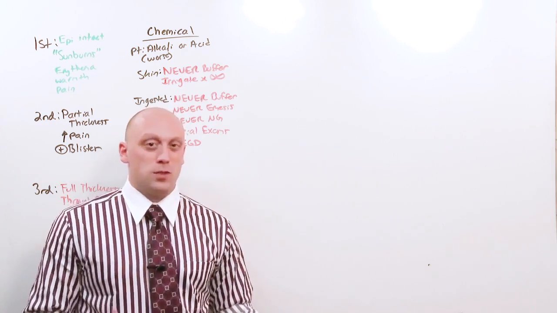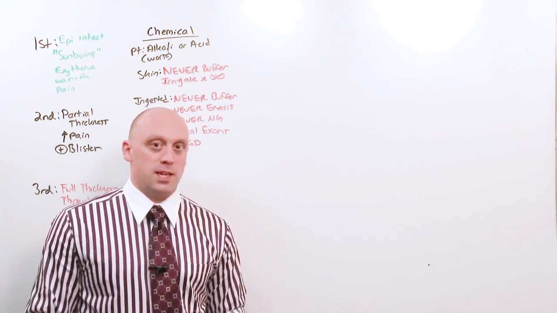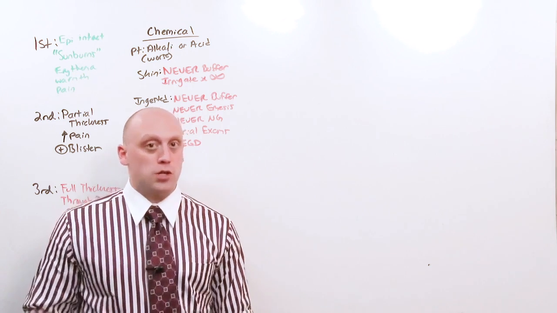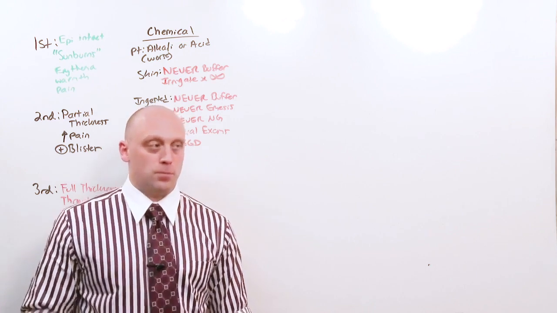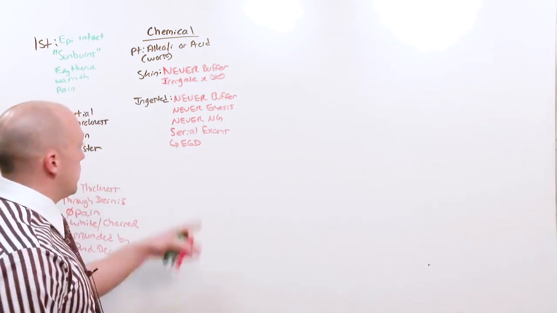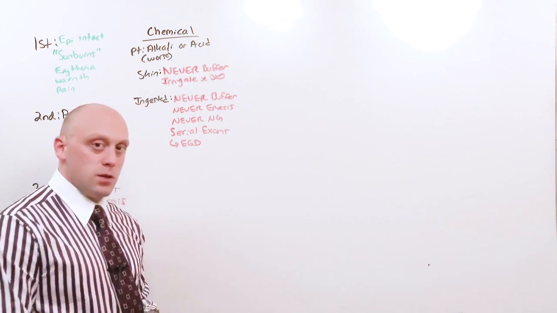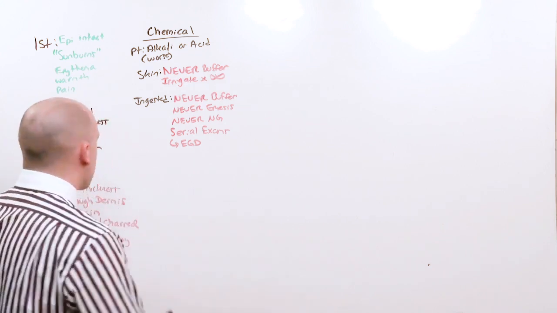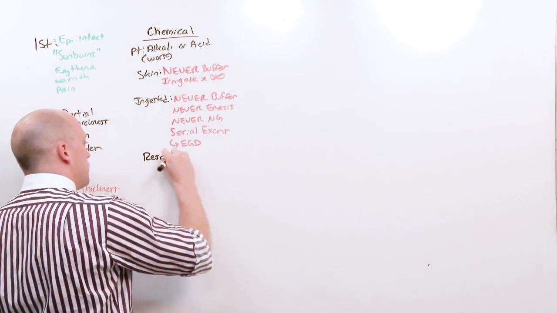That's weird, because if you know that they've ingested a toxic chemical, you're not going to do anything to get it out of their system. You're just going to watch and wait and intervene surgically if something goes wrong. NPO, EGD, eventually, and you grade the severity. We talk more about this in the esophageal lectures in the medicine videos under caustic ingestion. Another special type of burn is going to be the respiratory burn.